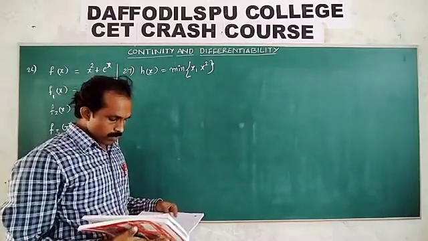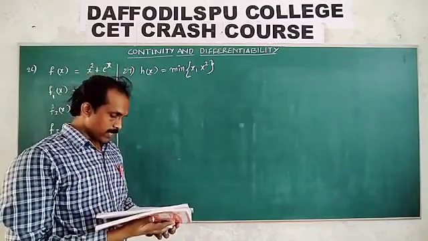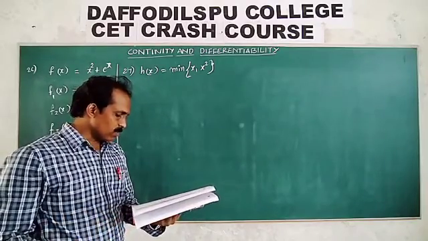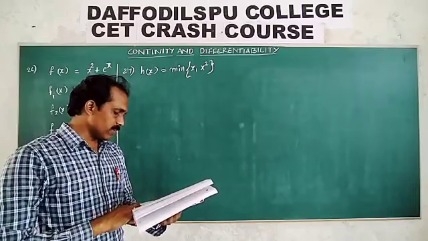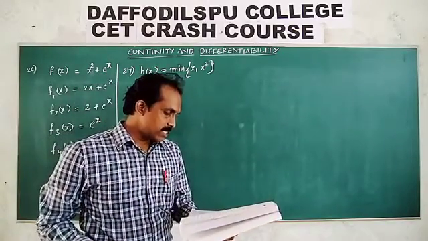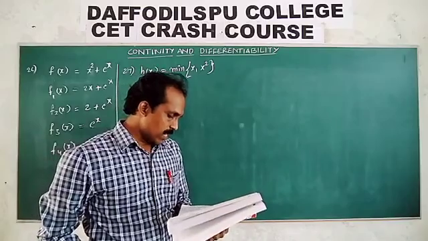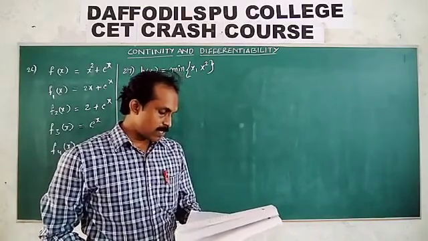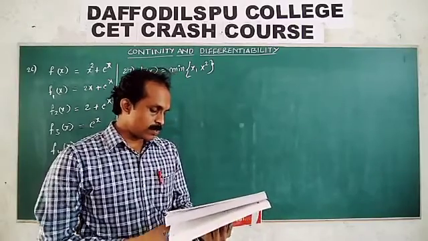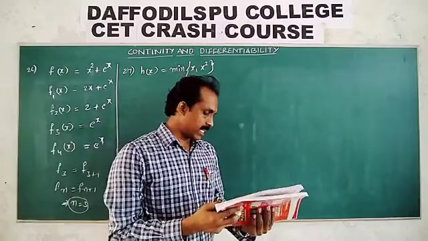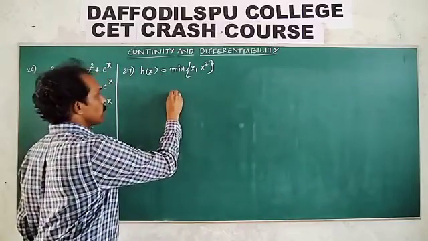We will do this problem using a graph. Options: h is not continuous; h is differentiable, and h dash x is not equal to 1; and the fourth option is h is not differentiable at two values of x. Right? By using the graph.